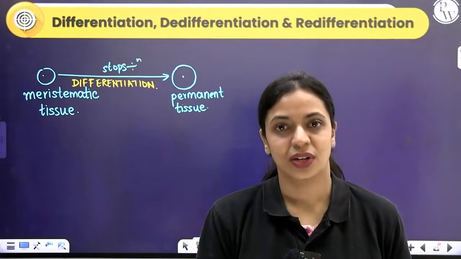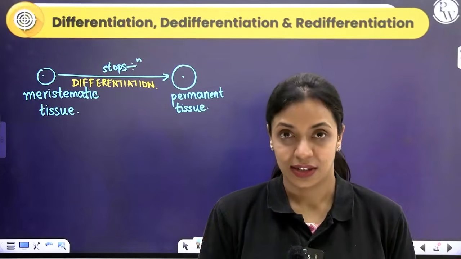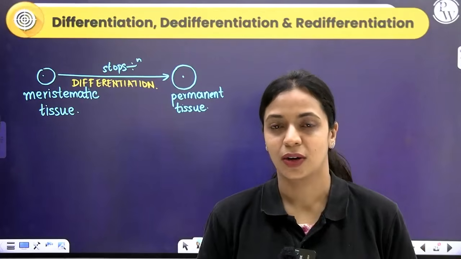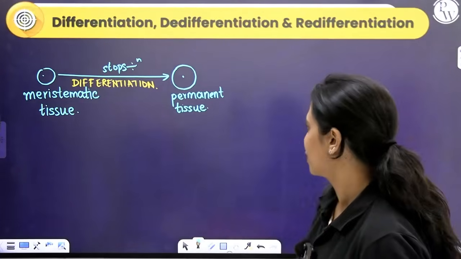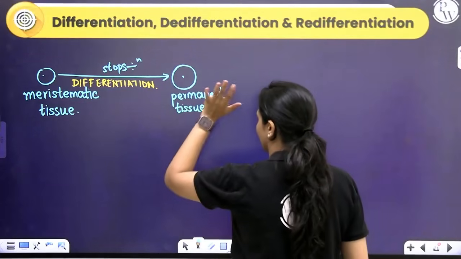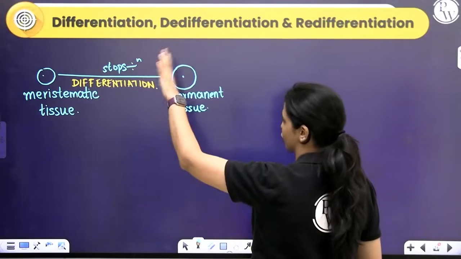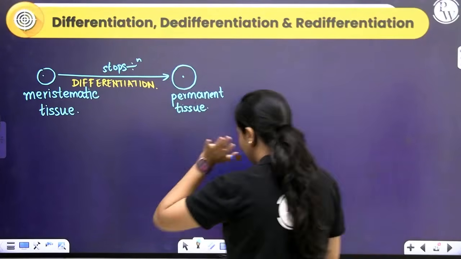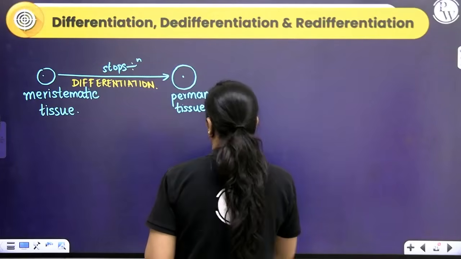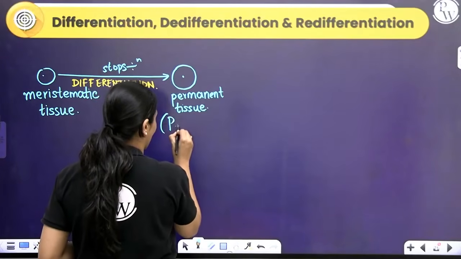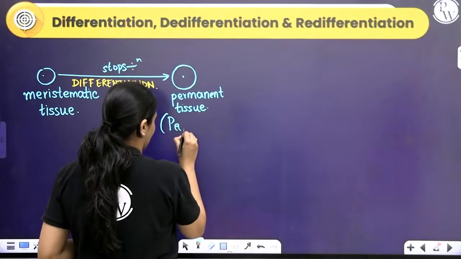But sometimes during certain conditions, especially in dicots, what we can see is these tissues that have undergone differentiation and completely stopped dividing regain their ability to divide. Let's say for example, this permanent tissue had become parenchyma after differentiation.